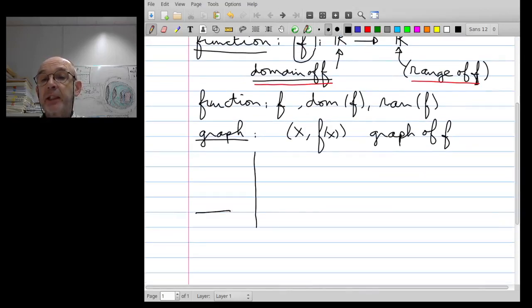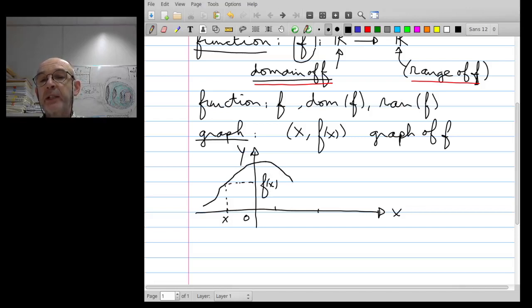So if you have some function given, what can you then do? You can make a sketch, a graph of it. The horizontal axis is the x-axis, that is your domain. The vertical axis is the y-axis, that is your range. For every point on the x-axis, you can calculate the function value. If you do that for all values of x, you get something like this.